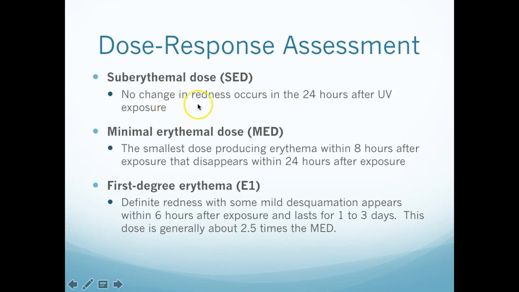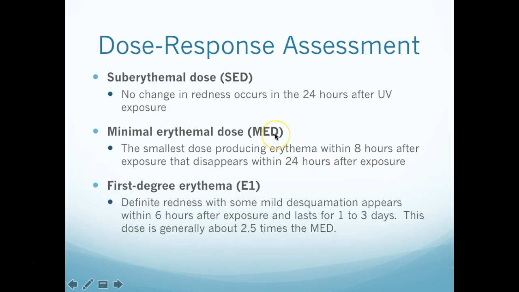If there's no change in redness in the 24 hours after ultraviolet exposure, that's what we call the suberythemal dose. The minimal erythemal dose is where we want a little bit of redness, because we want to get some vasodilation going on in there. That produces redness within 8 hours after exposure and disappears within 24 hours after exposure.